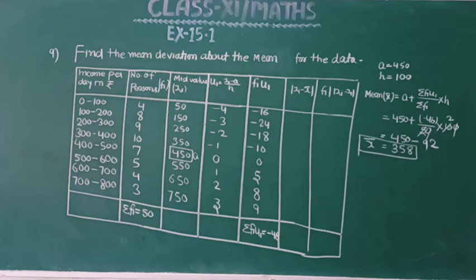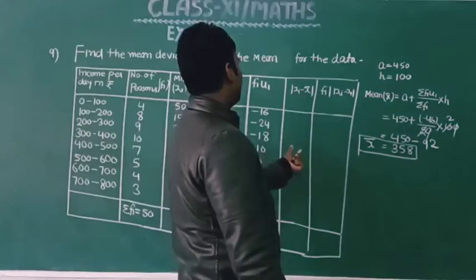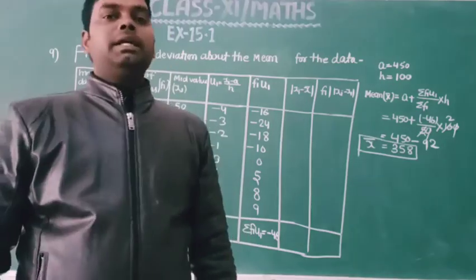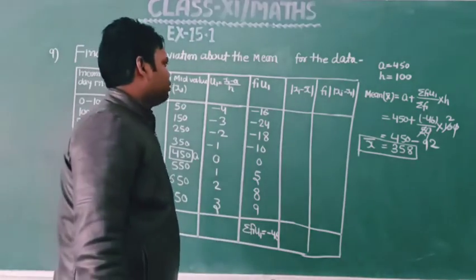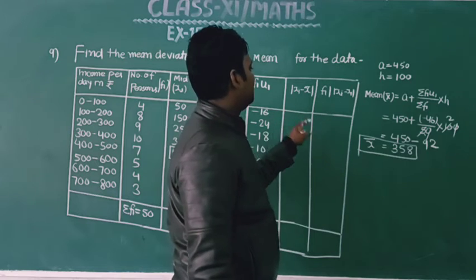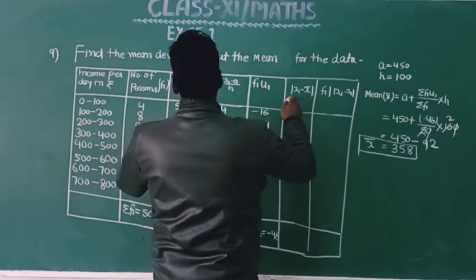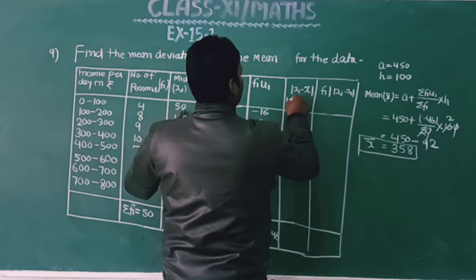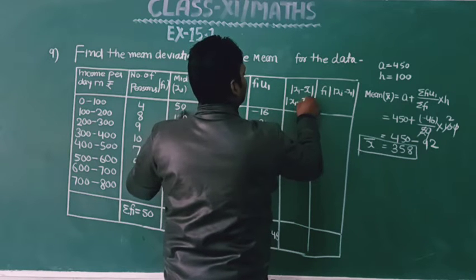Now we have to complete the tables for calculating mean deviation about mean. So we find xi minus x bar, that is xi minus 358.